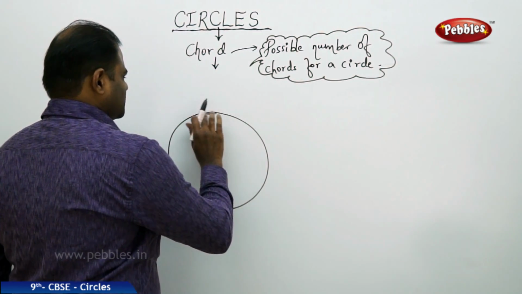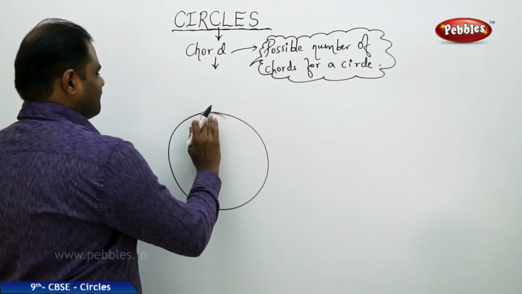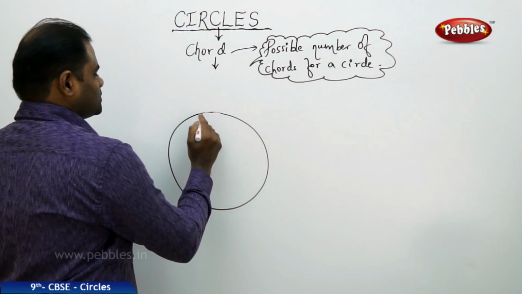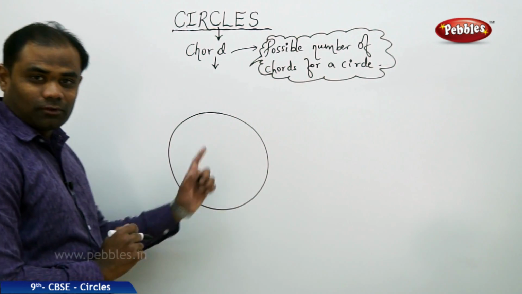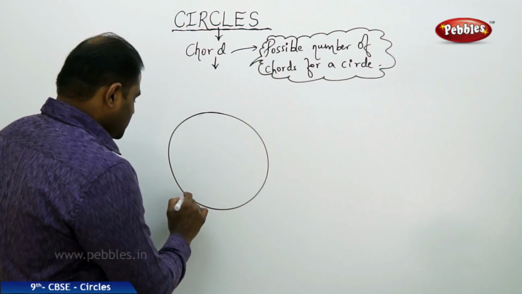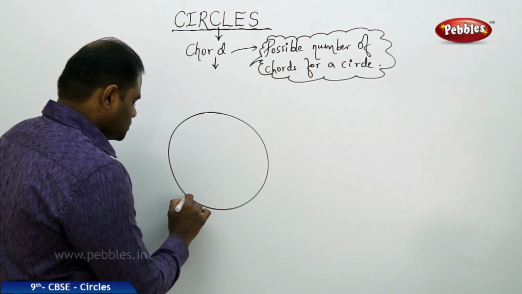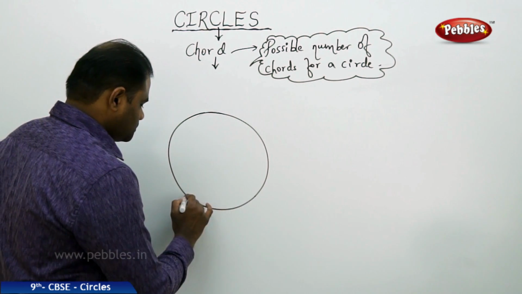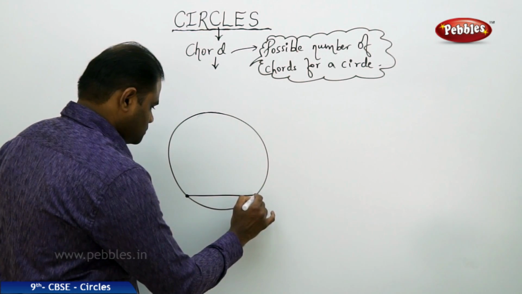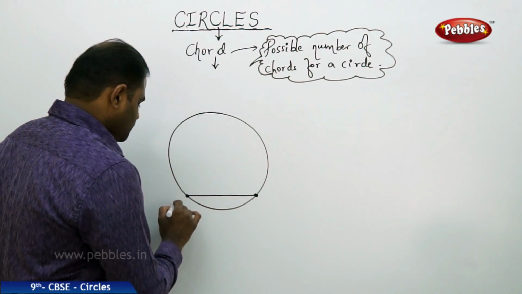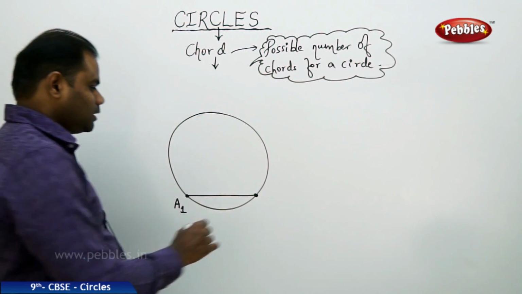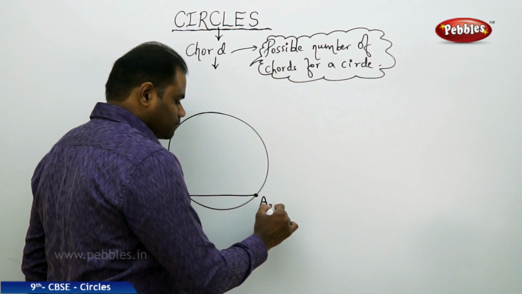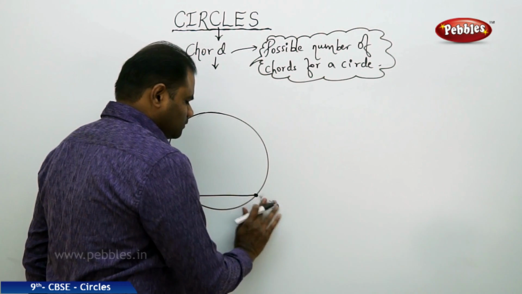So here is the circle. Now for this circle, let me take 2 points out here. I denote this point with A1 and I denote this point with B1.